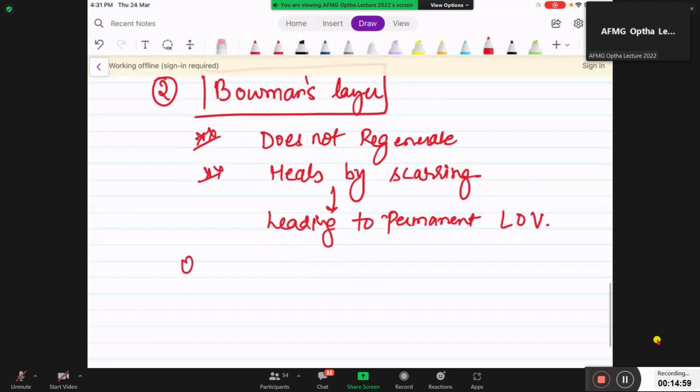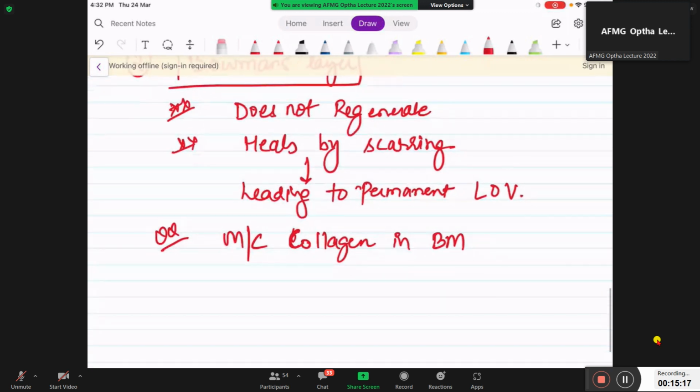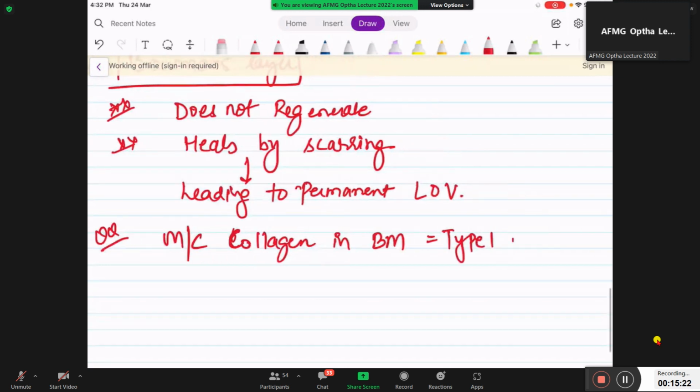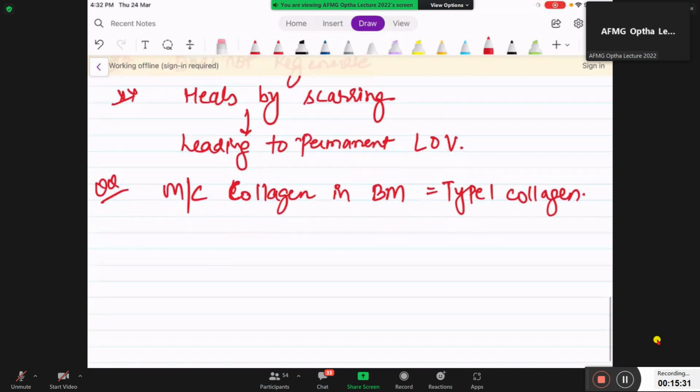Now, an important question which is asked about Bowman's layer, write down. The most common collagen in Bowman's membrane. BM is Bowman's membrane or Bowman's layer. The most common collagen present in Bowman's layer is type 1 collagen.